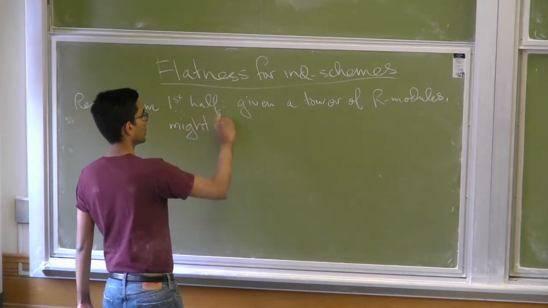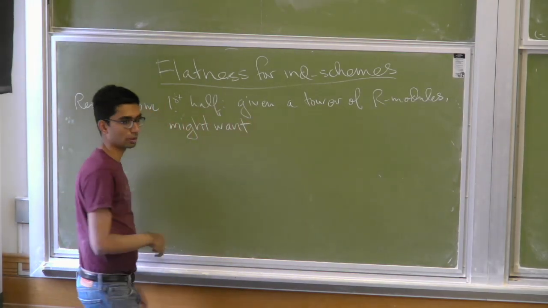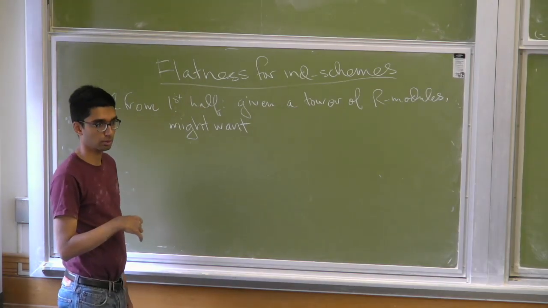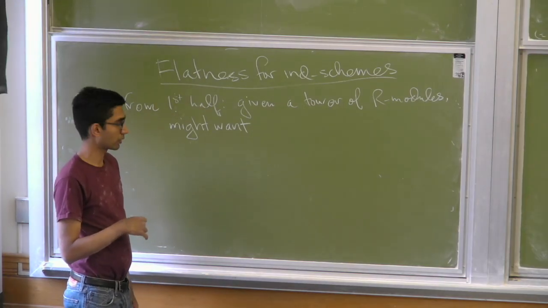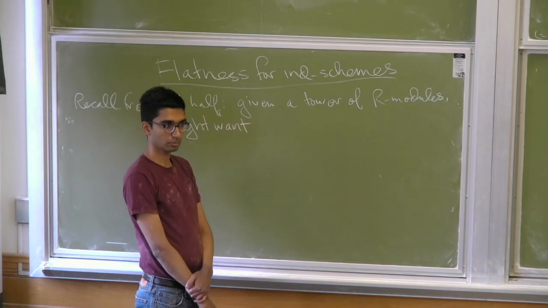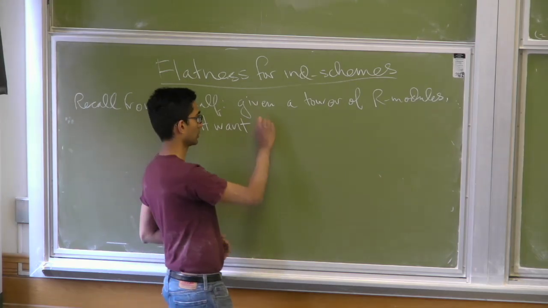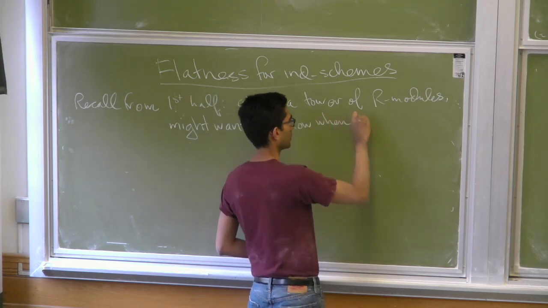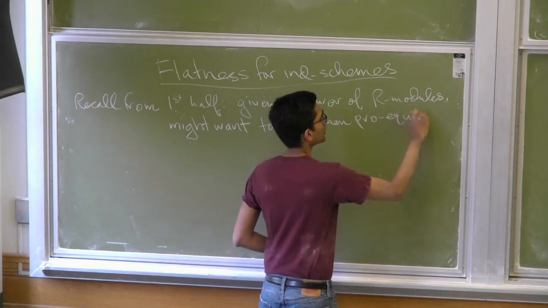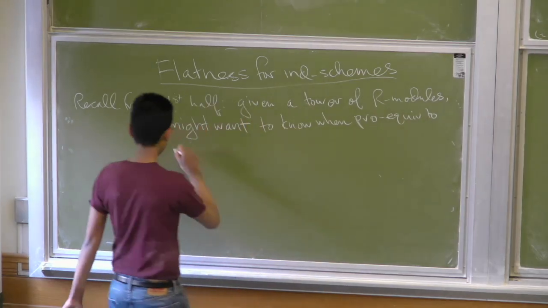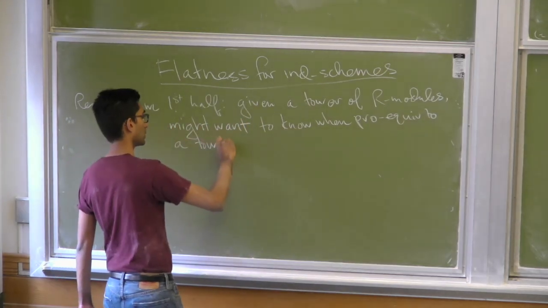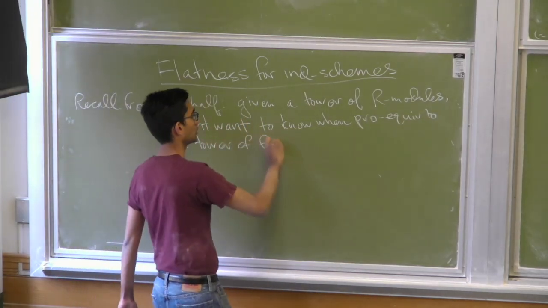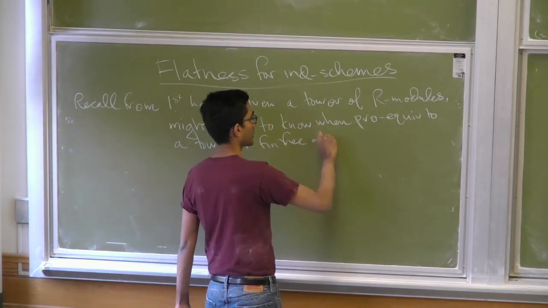And when you say tower, this means a countable projective system whose terms are labeled by natural numbers. So we might want to know when it's pro-equivalent to a tower of finite free modules.